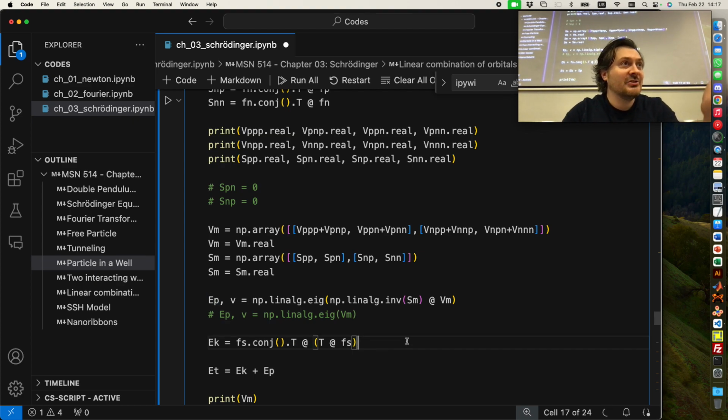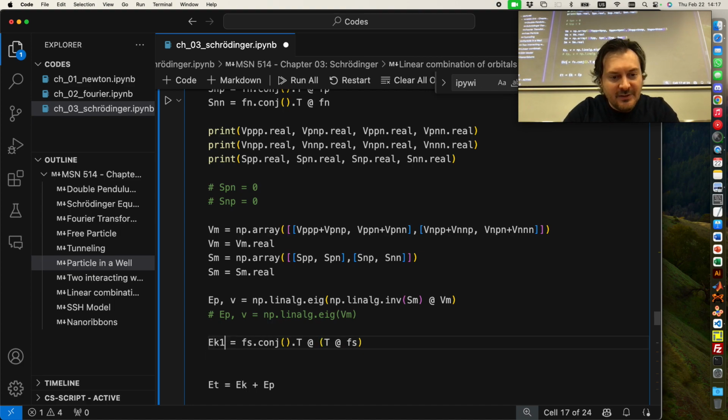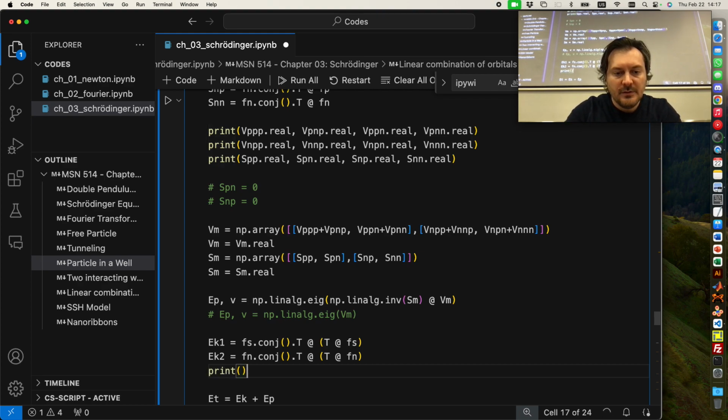Let's actually try whether this works, because I promised you that this one, EK1, should be the same as this one, right? So let me call this E2. Let me just print ek1 and ek2.